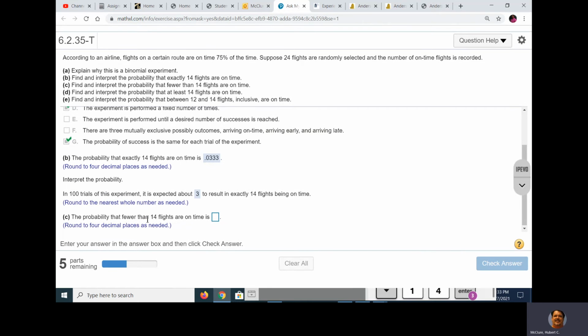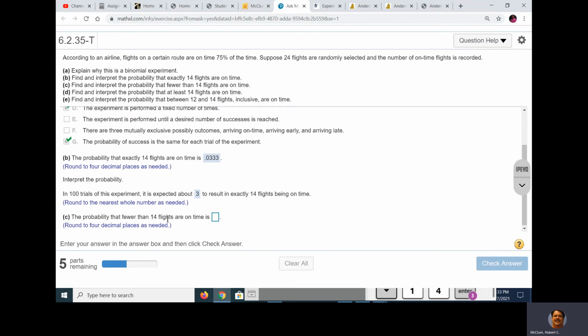What is the probability that fewer than 14 flights? So B or C. Fewer than 14, that would be 13 and below: 13, 12, 11, 10, 9, 8, 7, 6, 5, 4, 3, 2, 1.